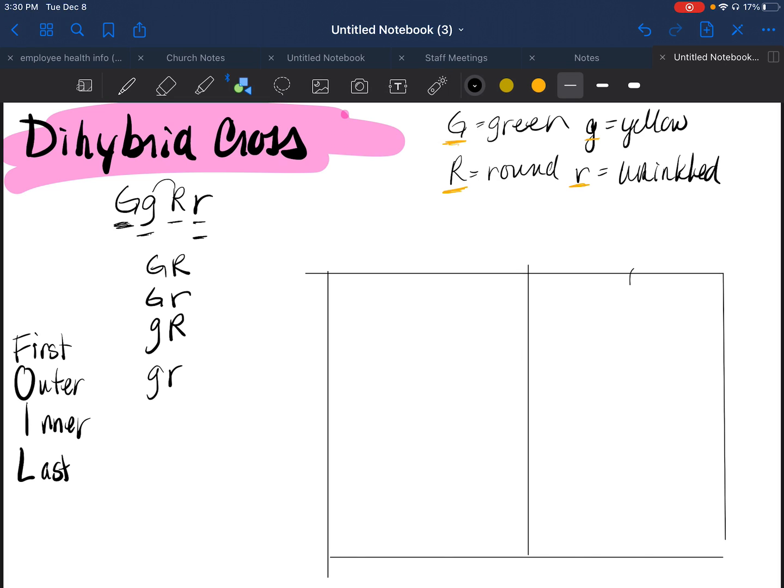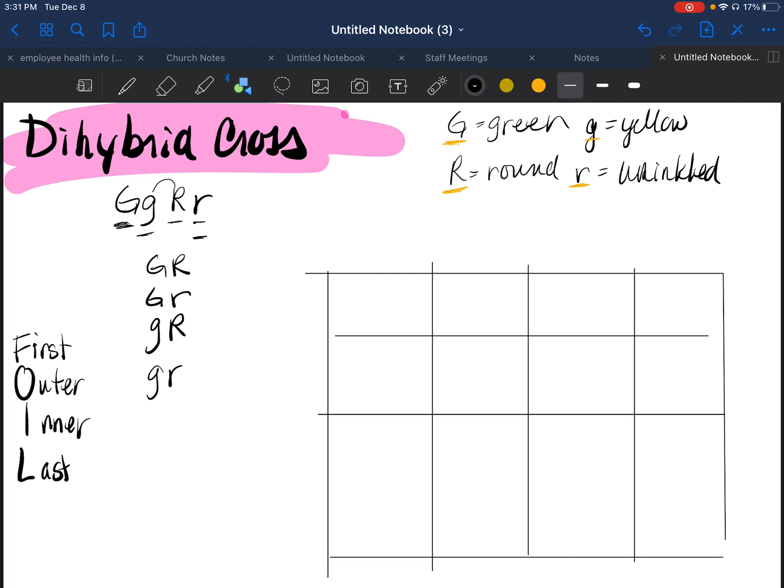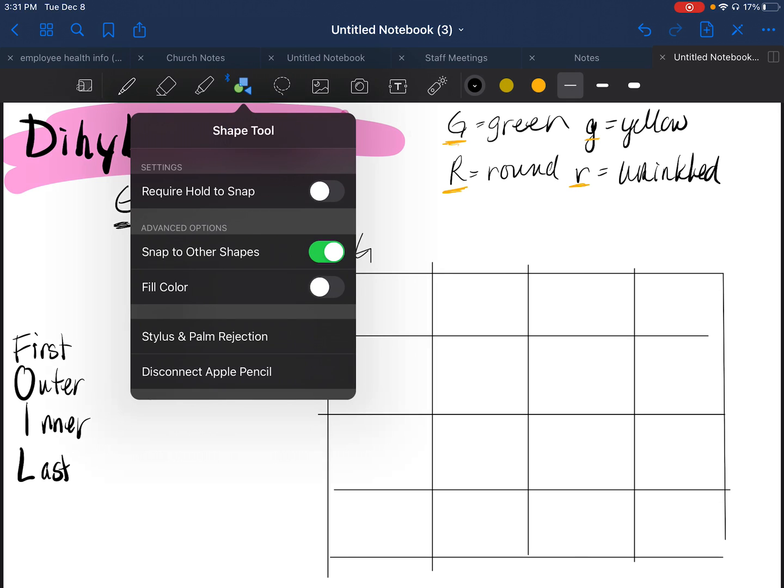Okay, so I am going to draw our dihybrid cross Punnett square. Now this one's going to be bigger than a normal monohybrid cross. You're going to do 4 by 4, and you're going to put your parents across the top again. But you're going to put the alleles that you figured out.